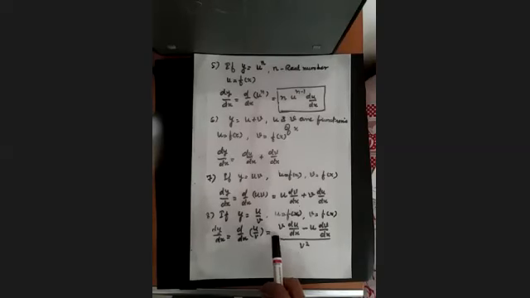Then it is given by the denominator, write down the first denominator function as it is, into differentiation of the numerator, minus numerator into differentiation of the denominator, divided by the square of the denominator. So that is how we'll solve this dy by dx.